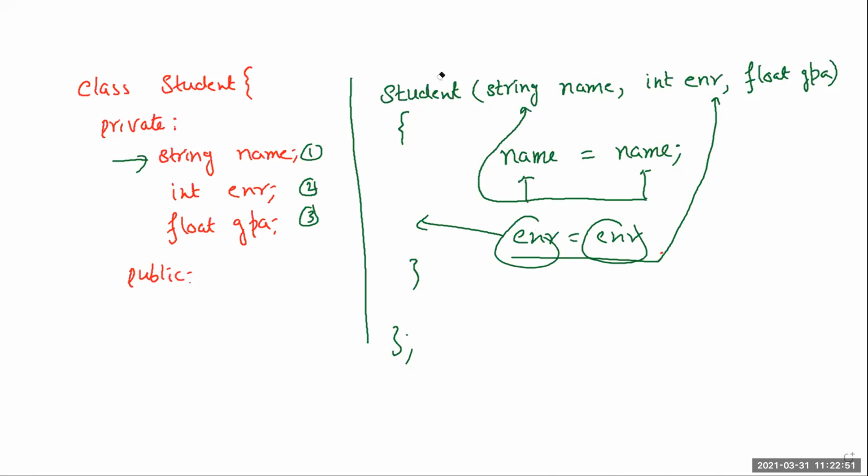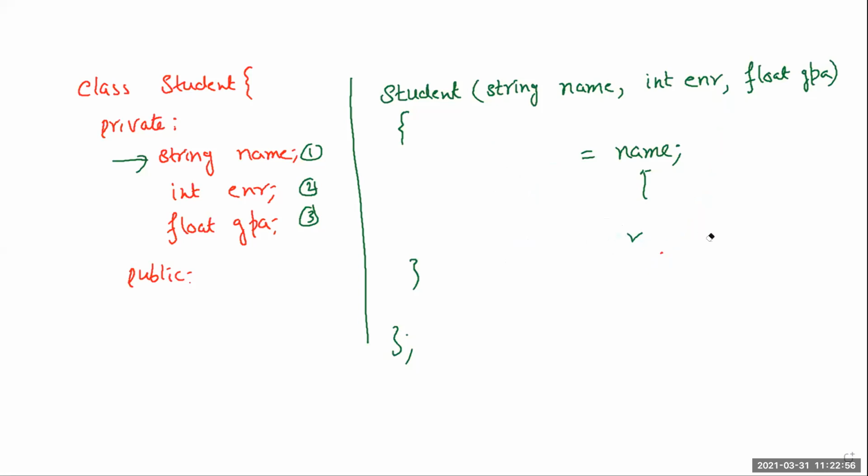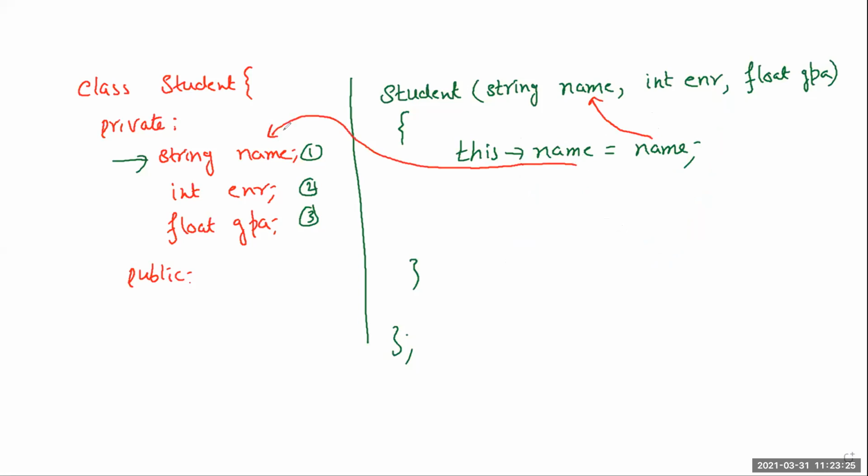So the advantage of keeping the same names is that you can correlate which variable is for which data member. It has exactly the same name. When you want to talk about the class data member, you can do this arrow name gets the value name, which looks very elegant. Now the variable on the right side is actually this one, and the variable on the left side is actually this one.